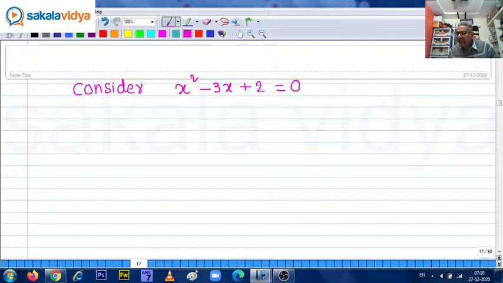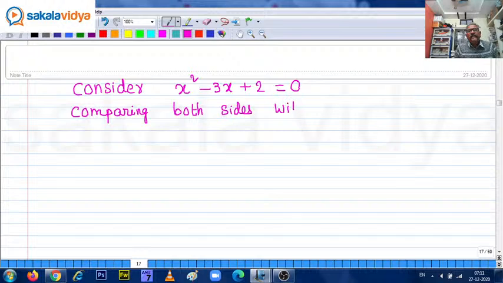That is the process of solving the problem. So now comparing both sides with ax square plus bx plus c equals to 0.